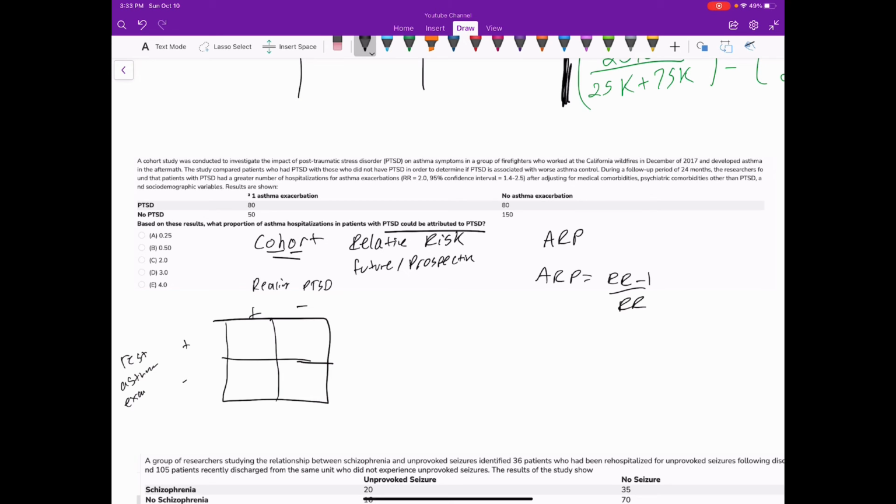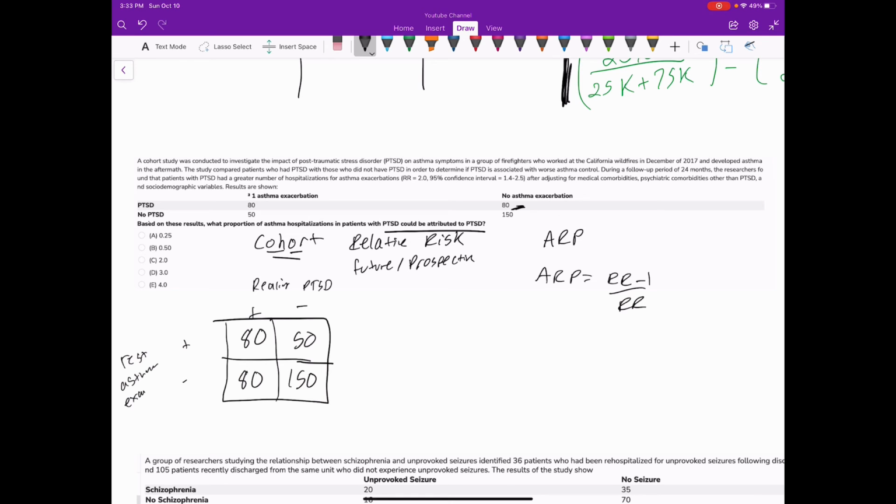If they had PTSD and they had the asthma exacerbation, we're going to put 80 up here. PTSD with no asthma exacerbation, going to put 80 down here. Not bad. Now, if you have no PTSD with an asthma exacerbation, 50. No PTSD with no asthma exacerbation, 150.